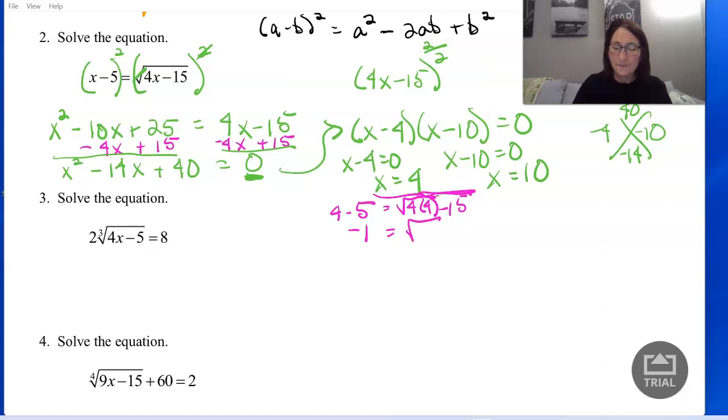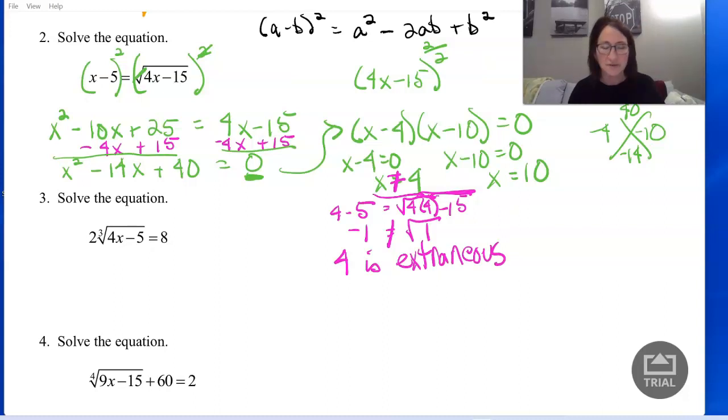Well, the square root of 1 is not equal to negative 1. And so that means x cannot be equal to 4. Or 4 is what we say is extraneous. It's not part of the solution.